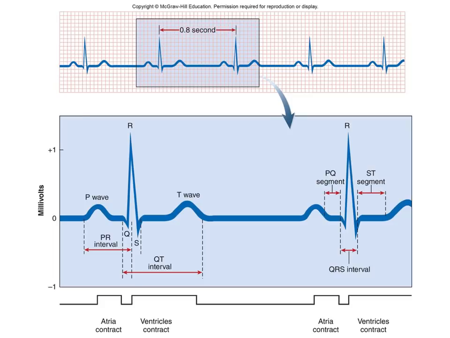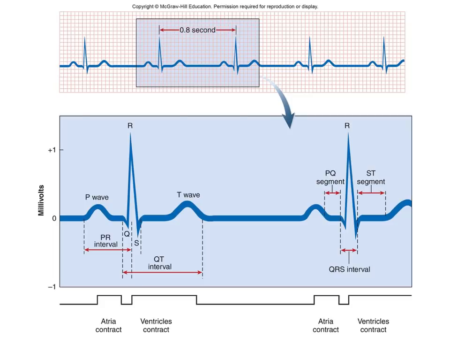Heading back to the left, you can see that the PQ segment is then followed by a huge electrical change called the QRS complex. The QRS complex is rapid ventricular depolarization.